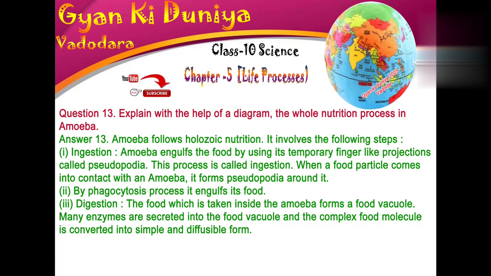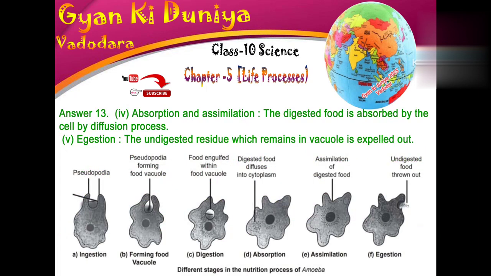2. By phagocytosis process, it engulfs its food. 3. Digestion. The food which is taken inside the amoeba forms a food vacuole. Many enzymes are secreted into the food vacuole and the complex food molecule is converted into simple and diffusible form. 4.